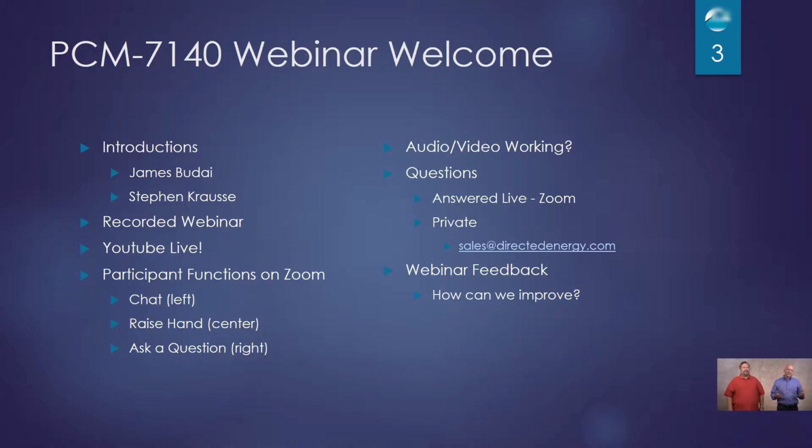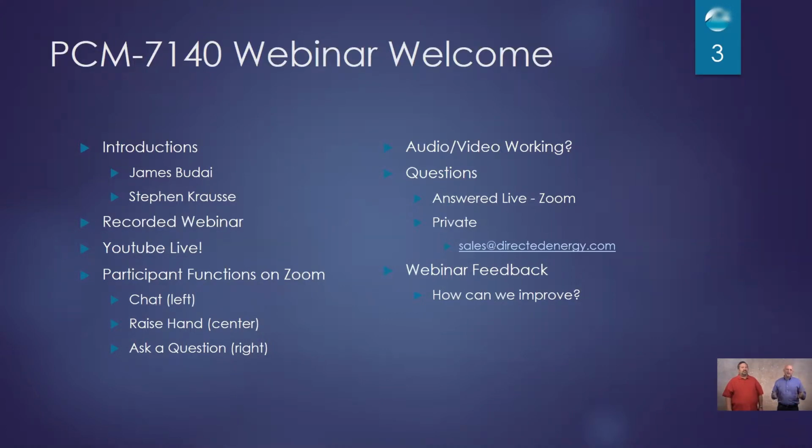If you're participating on the Zoom platform, you'll notice that there are a few functions that might be helpful. In the chat function on the lower left of the screen, you can send us a quick message. You can raise your hand in the center of the toolbar down there.